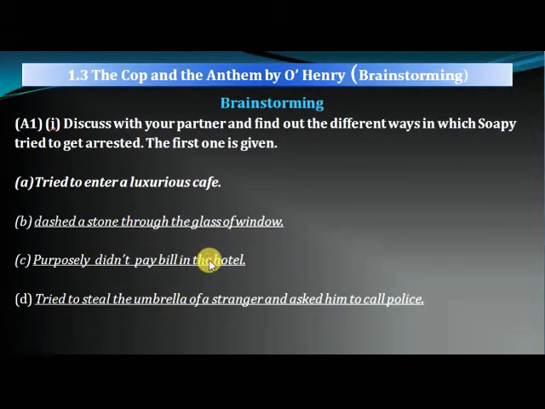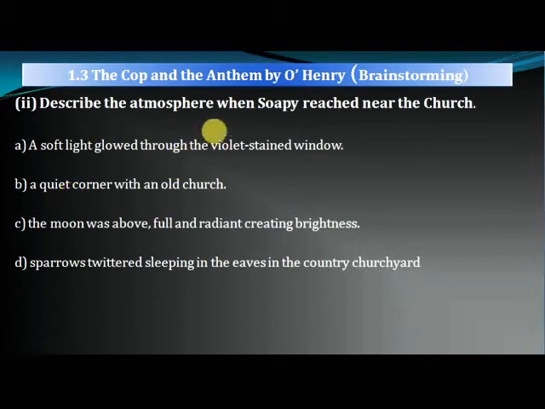So let us see the next one. Describe the atmosphere when Sophie reached near this church. So here we have to describe the atmosphere, the setting, how it was. A soft light glowed through the violet stained window. When Sophie entered that particular place, he saw that a very soft, very dim light was glowing through the violet stained window.